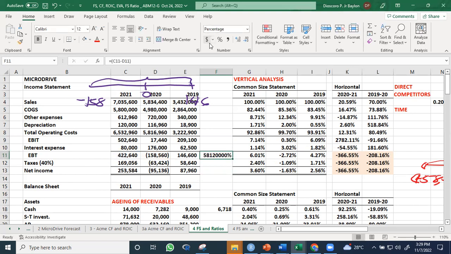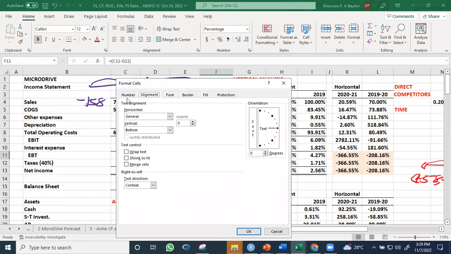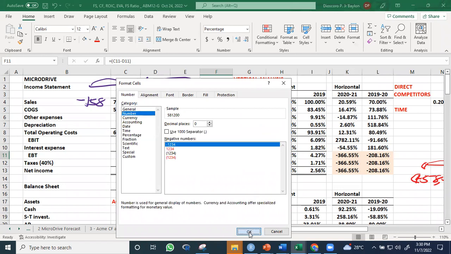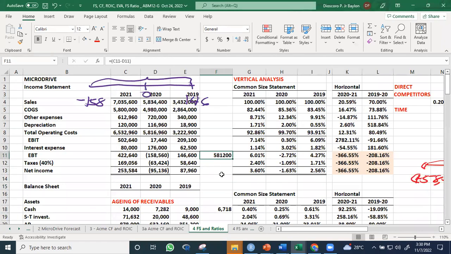So the difference is 581,200. Right, class?